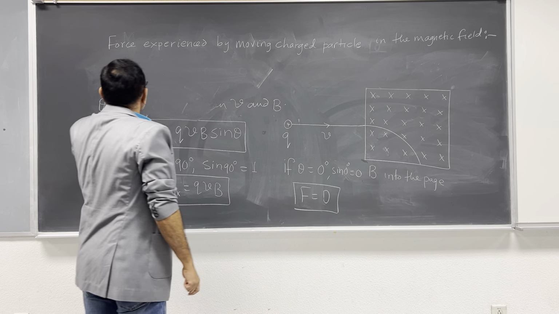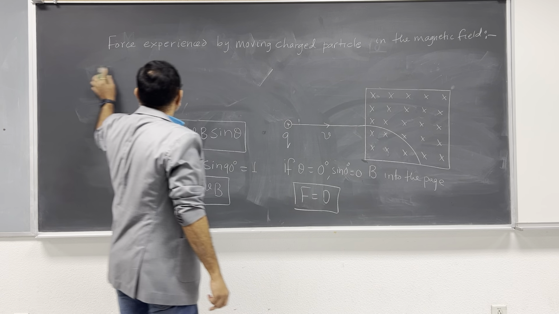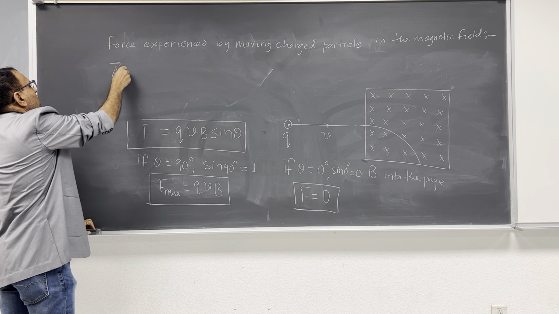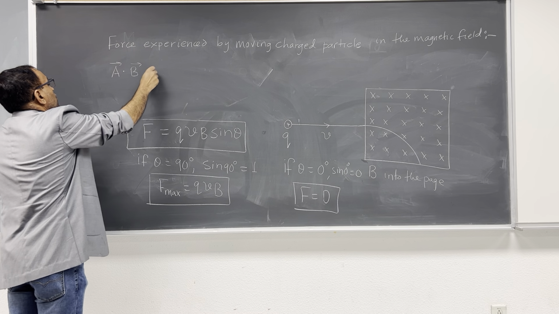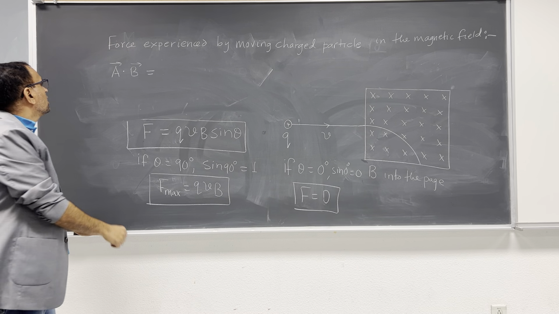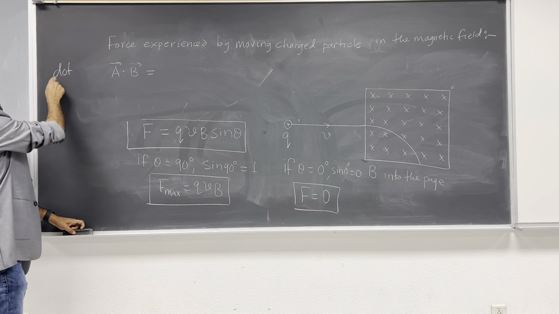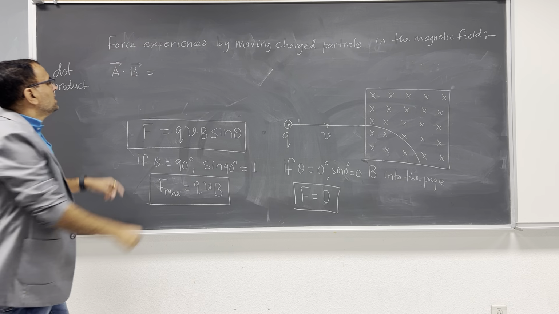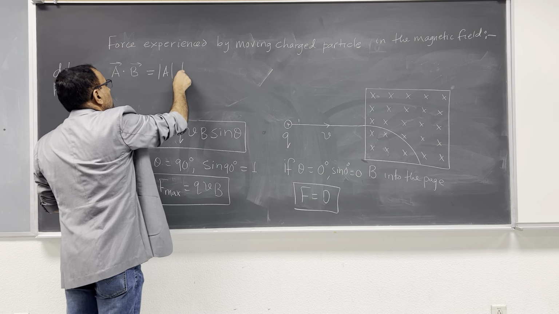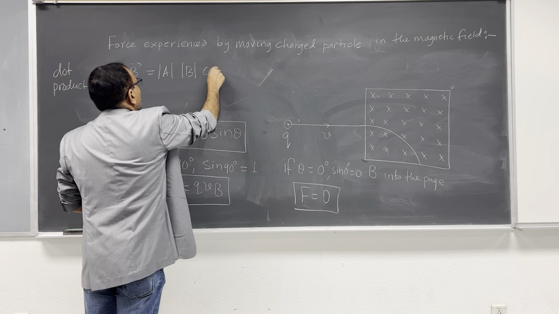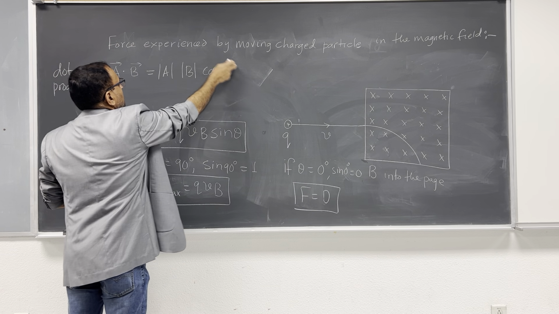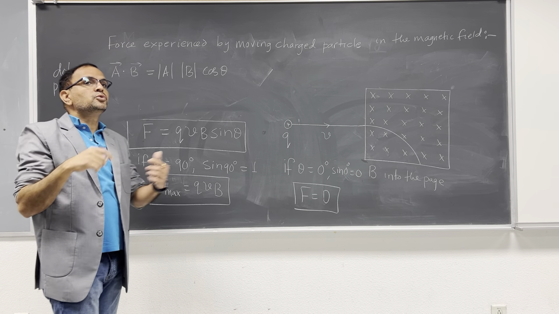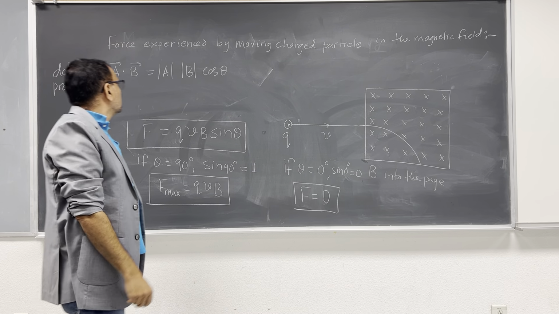Look at this. I want to remind you guys, if you have two vectors A and B, this is the dot product, A dot B, and this is simply magnitude of A, magnitude of B, cosine theta, and this is a scalar quantity. If you take a dot product between two vectors, the result is a scalar quantity.